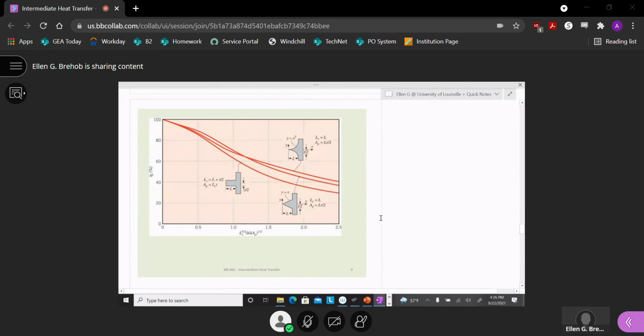This is a figure I took from our book, and this is for radial fins. So all of these you want to think of, no, these are straight fins, sorry about that. So we're imagining these stick out of the page infinitely far. Okay, so these are all straight fins.